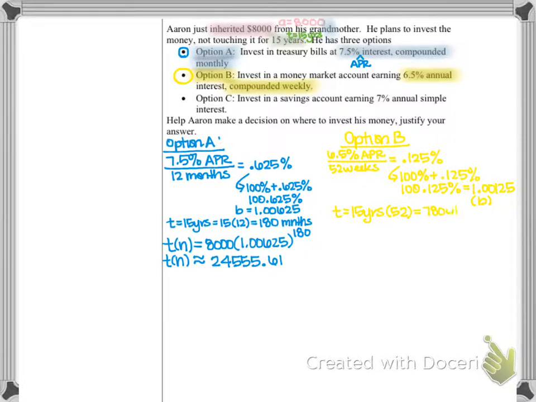So 780 weeks, that's my time frame. Now I can plug this in. So I get T of n is equal to the amount of money he got from his grandmother, 8,000, and then the multiplier that we figured out, and then how many times this money is going to make money off of itself. Let's go ahead and type that in.